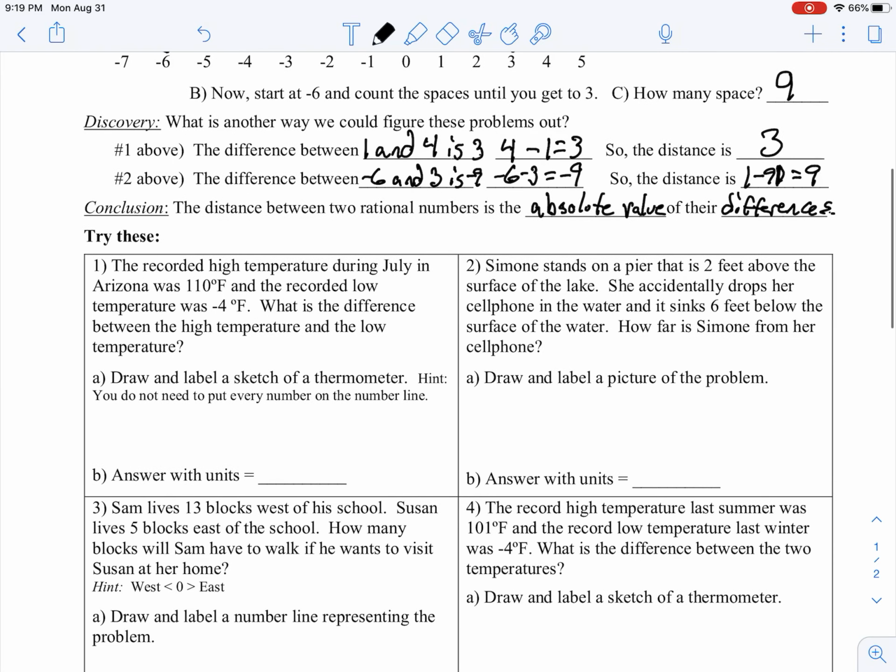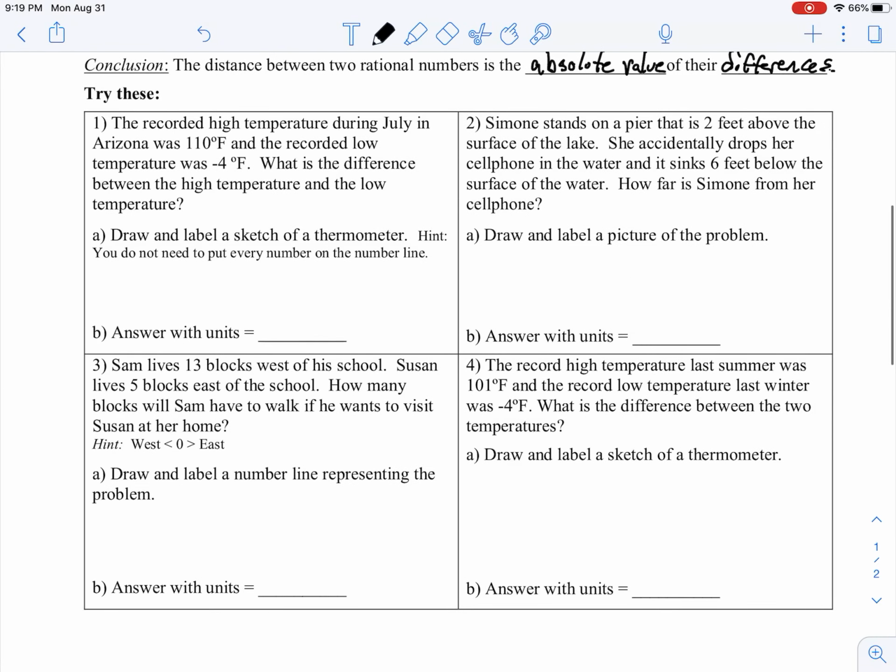A couple more examples here. We can get a little bit fancy if we want to. Since I don't have too much space, I'm going to draw my thermometer here sideways, but we all know what a thermometer looks like. I'm going to call this right here 0.